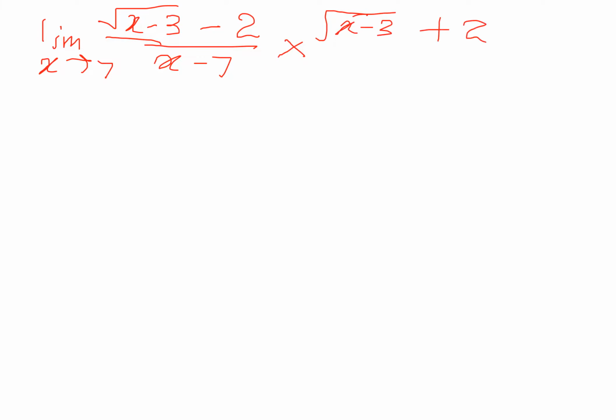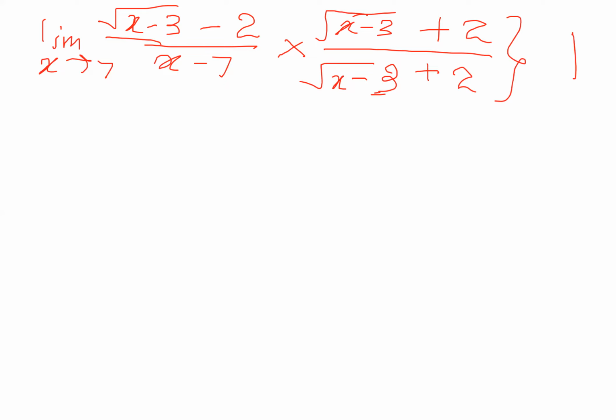Because I need to cancel or remove the middle term of this one. So then the same one. The original function is not changed when I multiply both sides this way, because this whole part becomes 1.